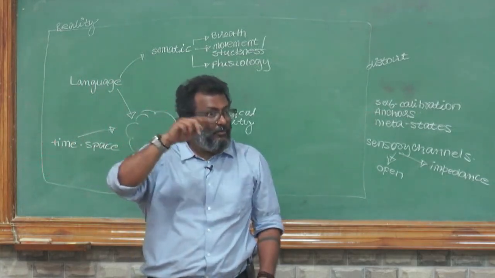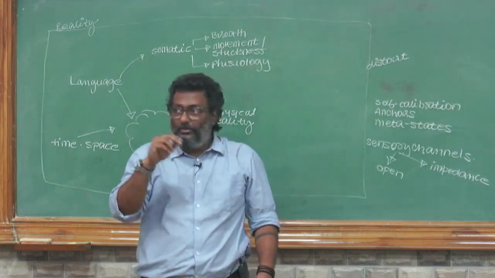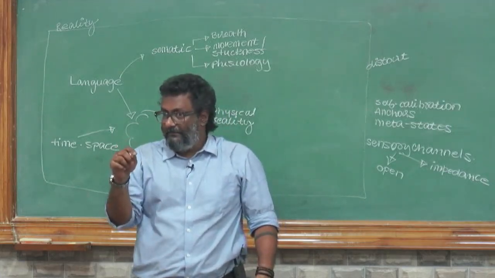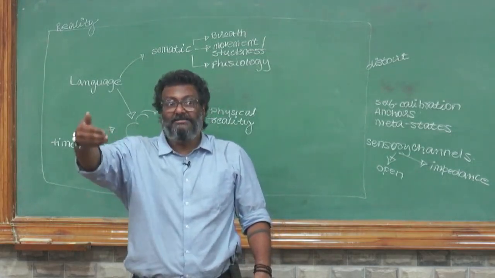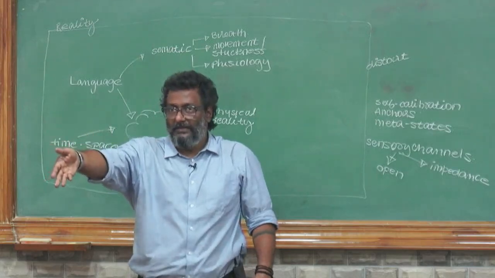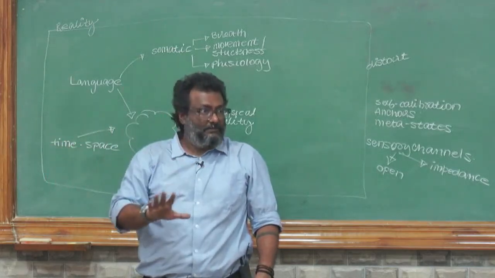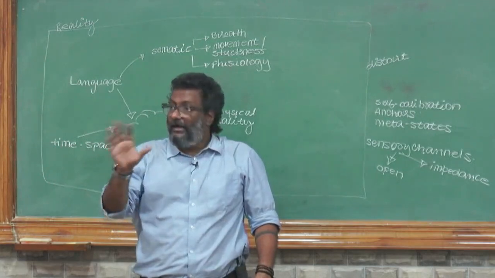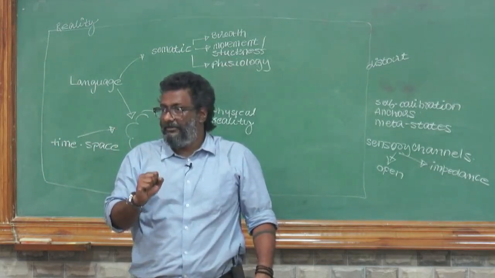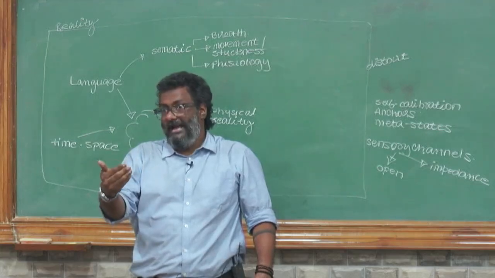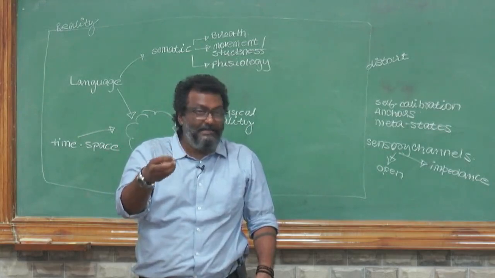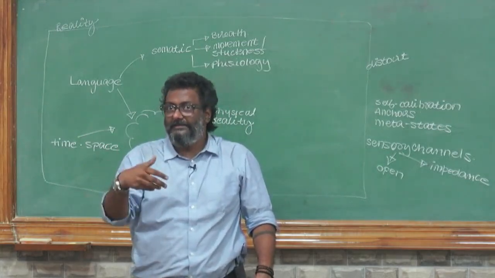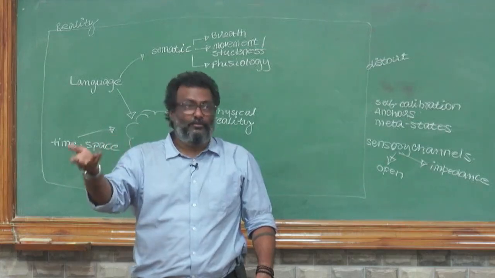But if I don't have these blocks, I don't have these impedances, that means I have access to what is, as much as what is. But we bring in our own filters and we bring in our own bias, because of which we can't see what is, as much as what is. But we are trying to access that reality as much as we can. At least that is what we are saying we are doing.